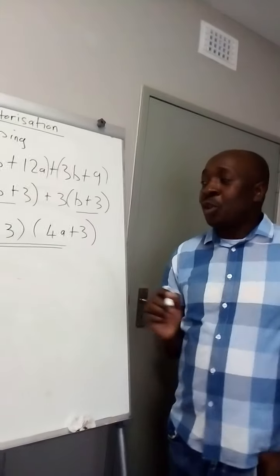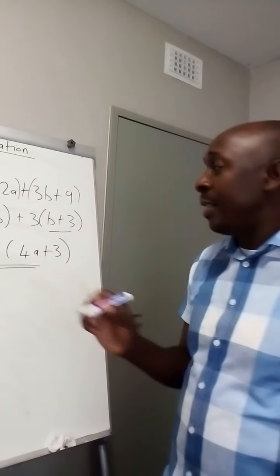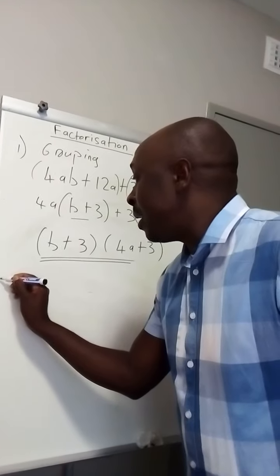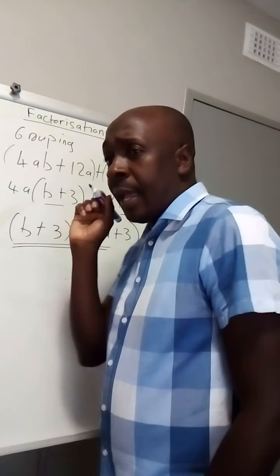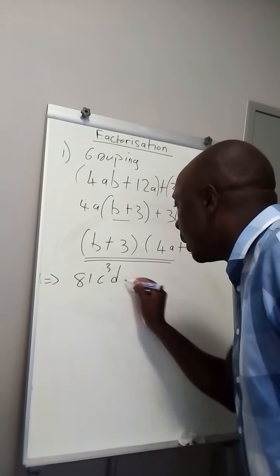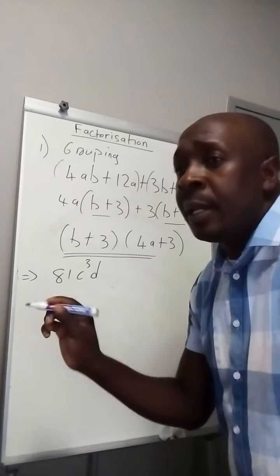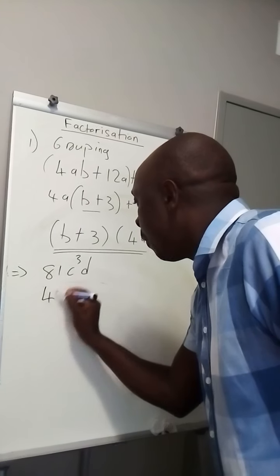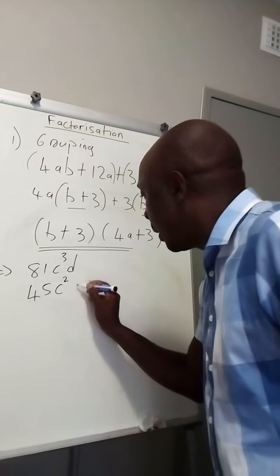Now I want you to try this in your own space. The first one: find the GCF of 81c cubed d and 45c squared d squared.